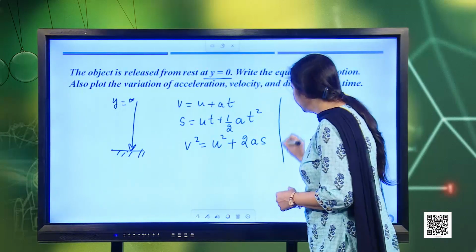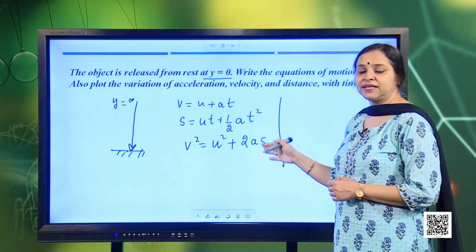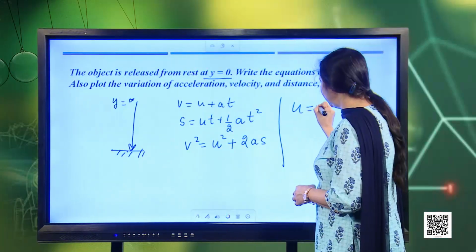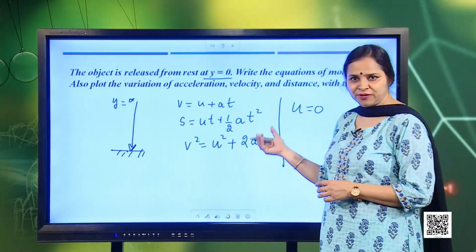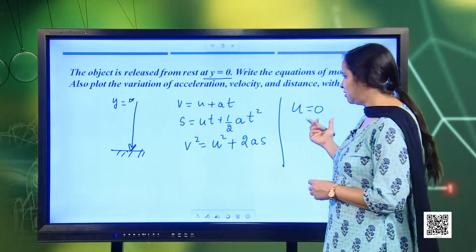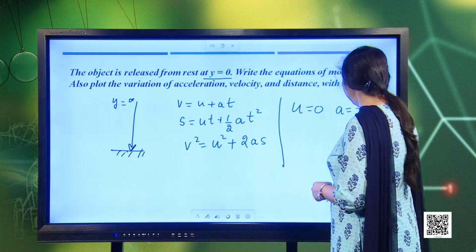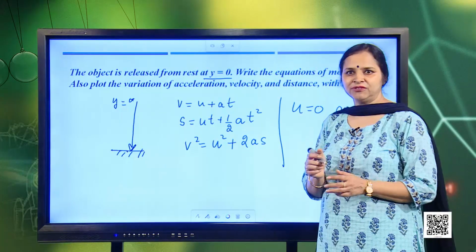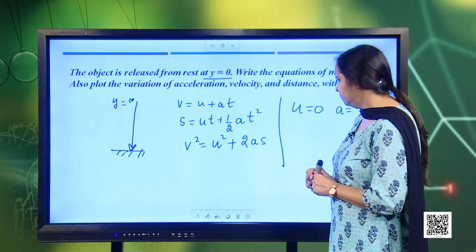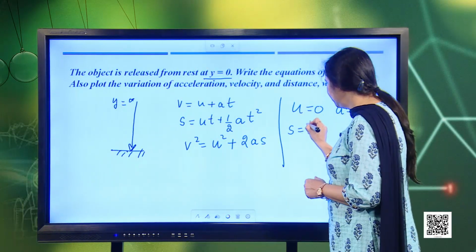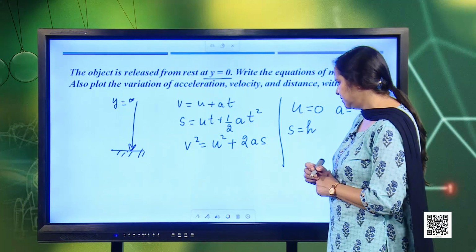Here, the three equations of motion can be rewritten as follows. In place of u, we write 0, because when the body is dropped from some height, the initial velocity is 0. In place of a, we write minus g, which can be taken as minus 9.8 meter per second square. In place of s, we can write h, the symbol for height.